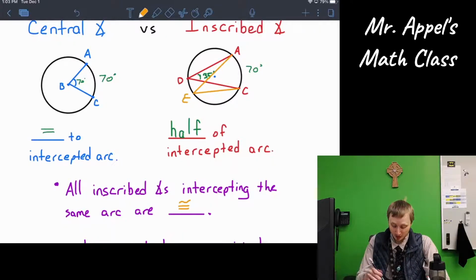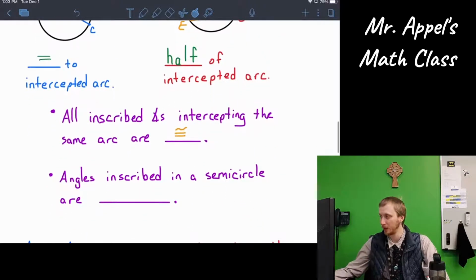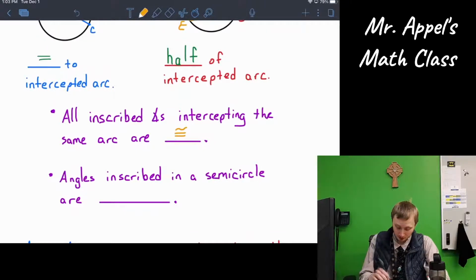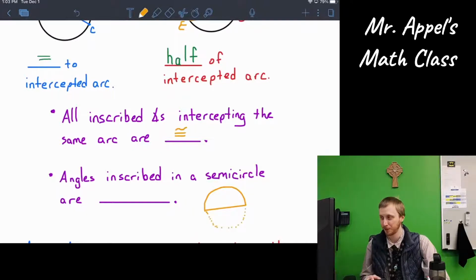And then next up, we have what happens if you inscribe an angle into only half a circle, a semicircle, right? Just a real quick sampling of one, let's say about there. And you would imagine we have the rest of the circle coming around like this, right?